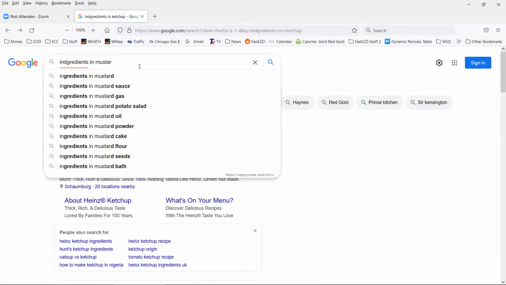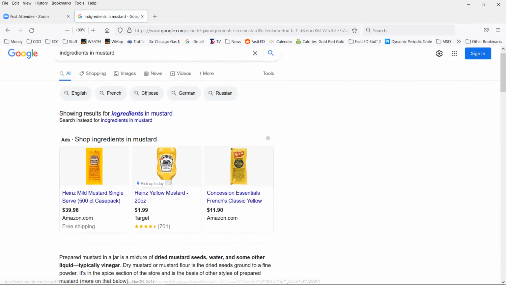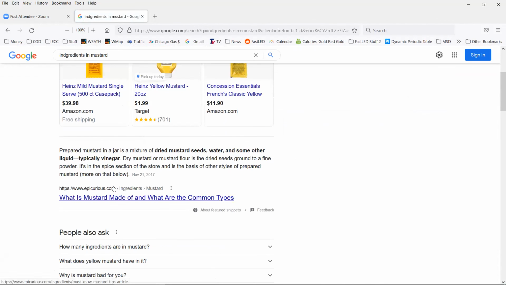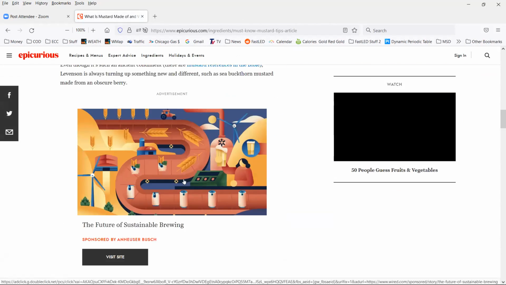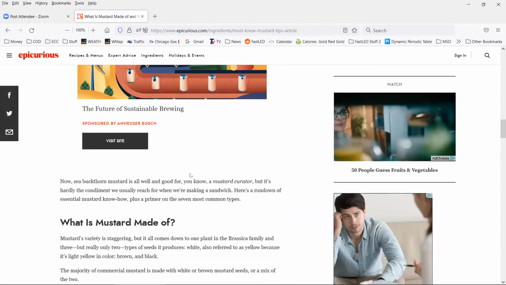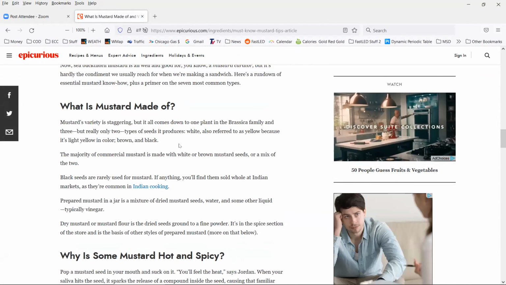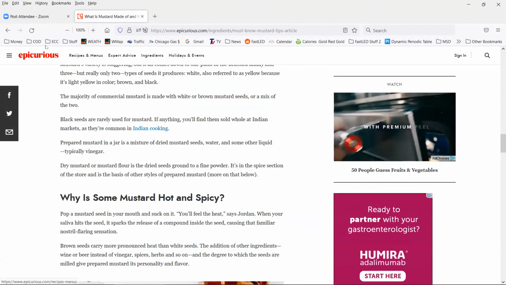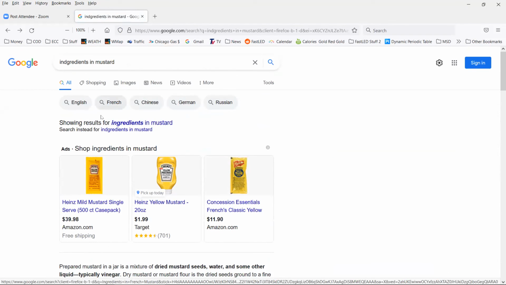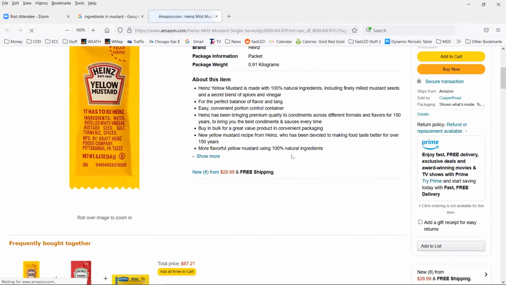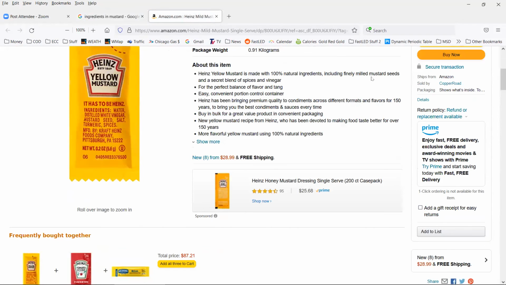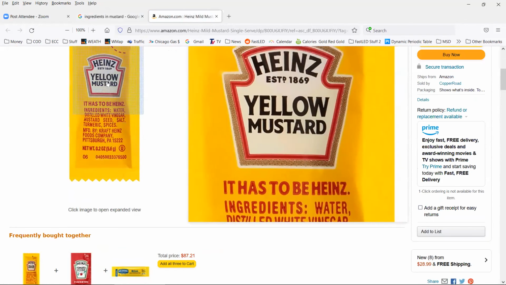And let's do one more while we're in the area. Hopefully you all see the Heinz yellow mustard.